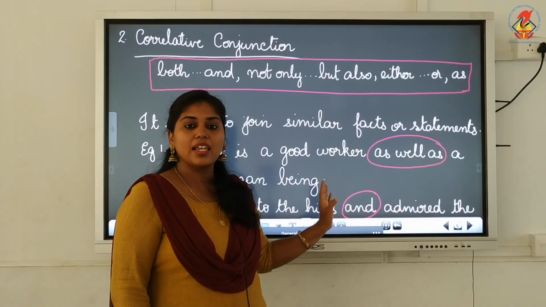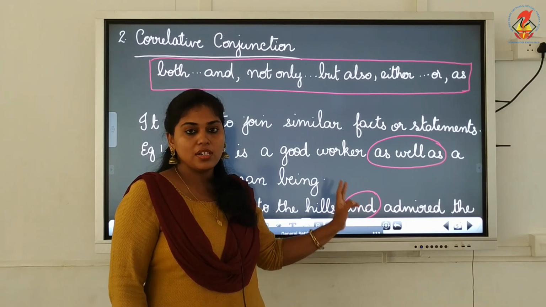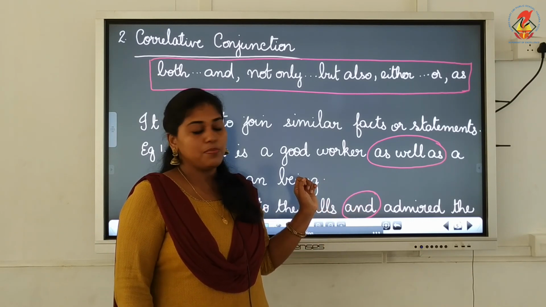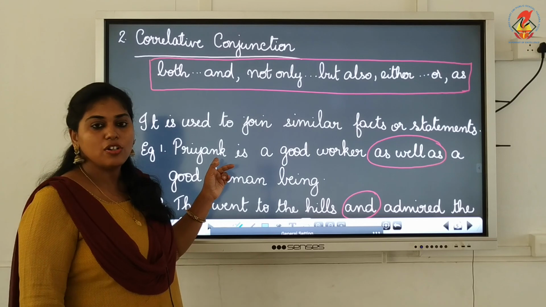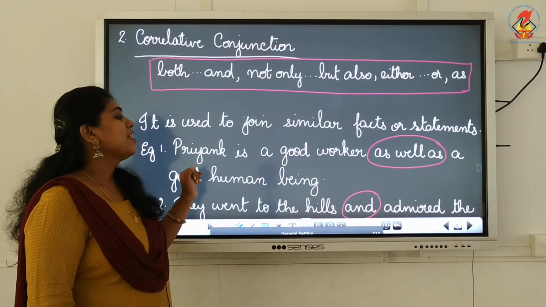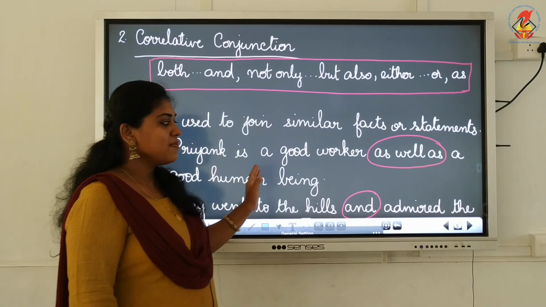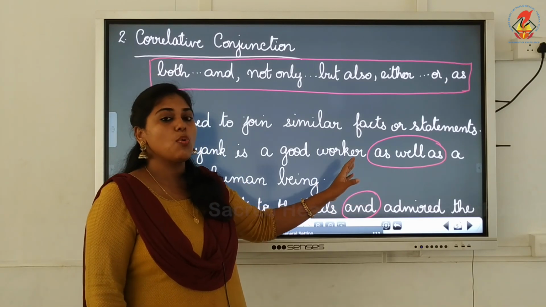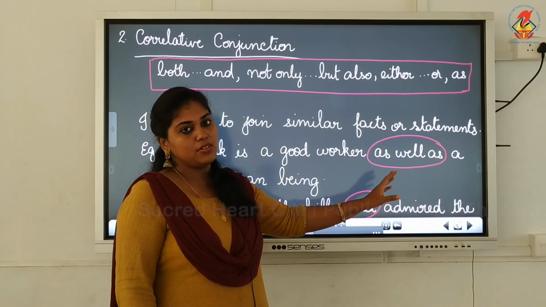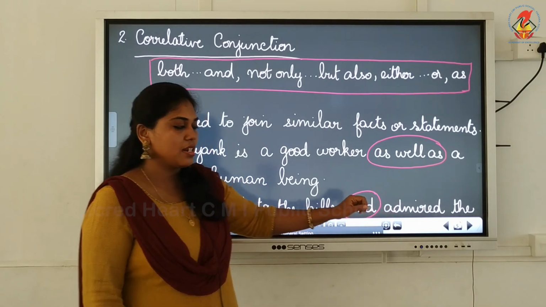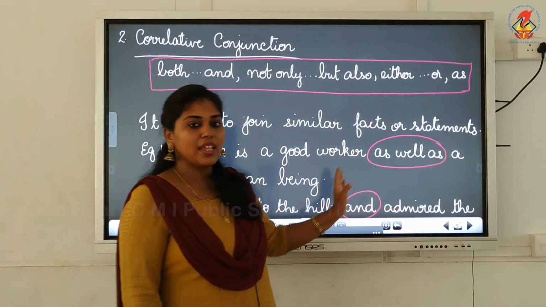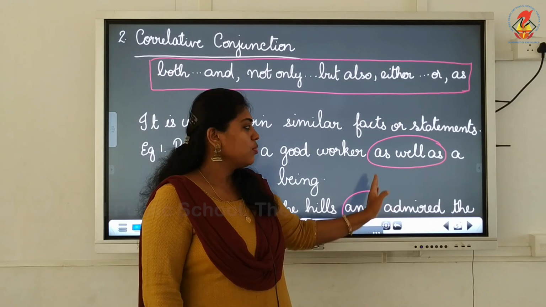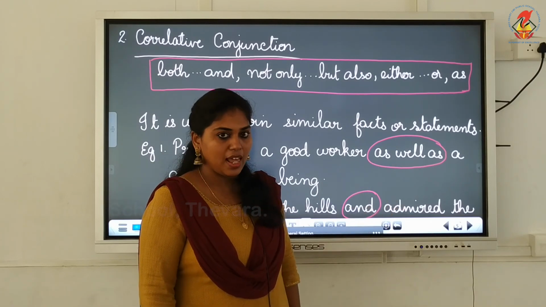Here we are highlighting the two positive qualities of a person, Priyank. Okay, so here we have similar facts, right? Two positive qualities are highlighted here. So in order to add on that positive quality, we use the conjunction as well as.